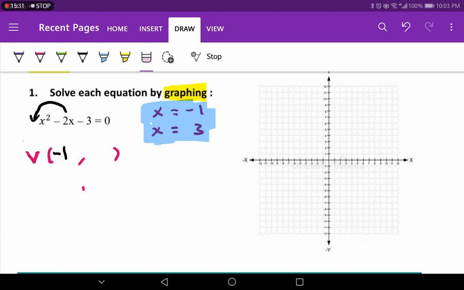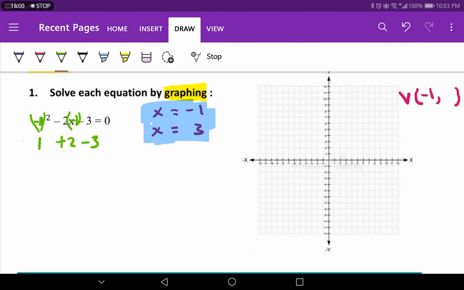The second part, you know how to find it. So the vertex, the first part is -1. I need to find the second part. Now I take the -1, my dear student, and put it here instead of the x squared and the x also. You square this, it will be 1, and multiply this by -1, it will be +2, then -3.